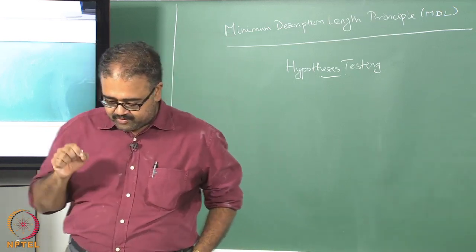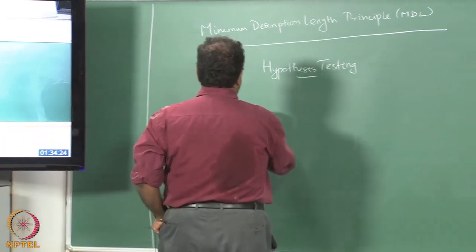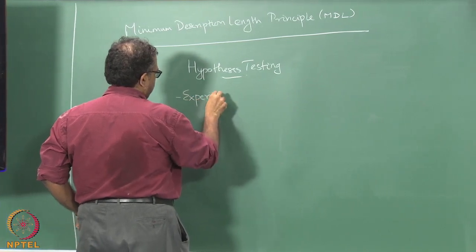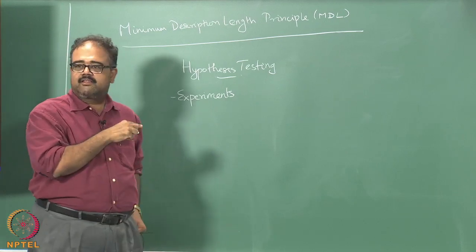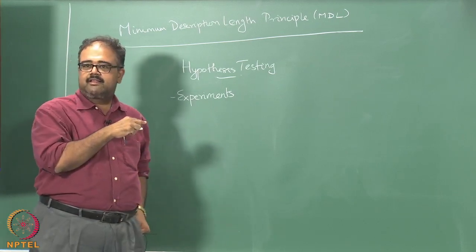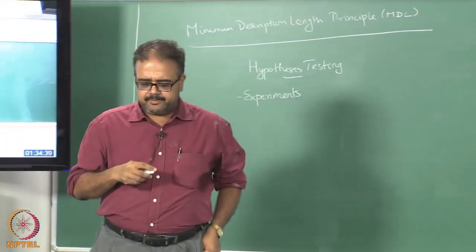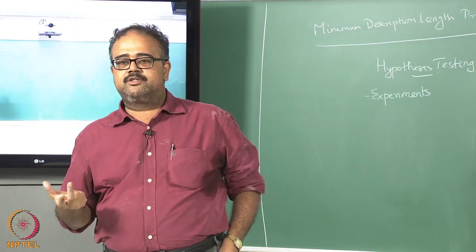And so whenever we have this kind of empirical work, you have to do experiments. You really have to do experiments. There is nothing like an analytical solution to your machine learning problem.